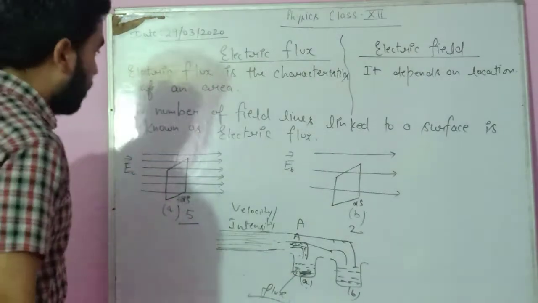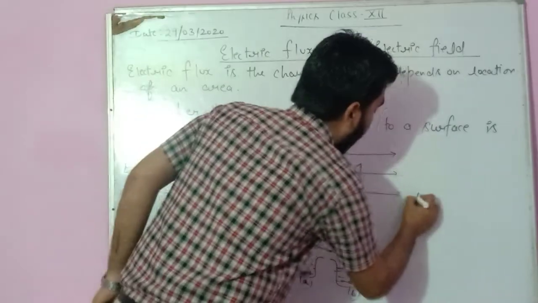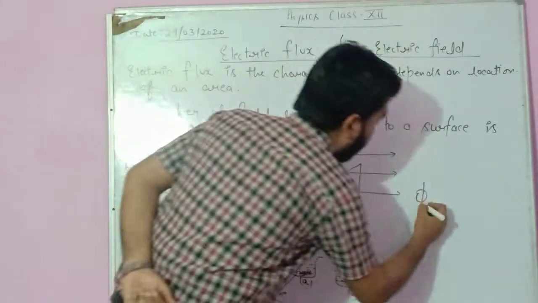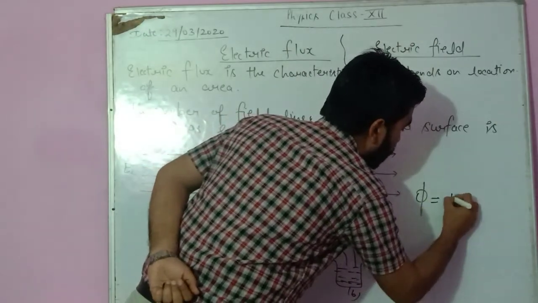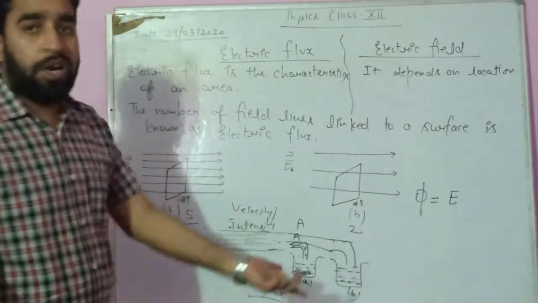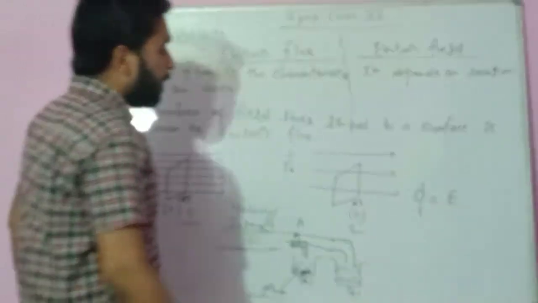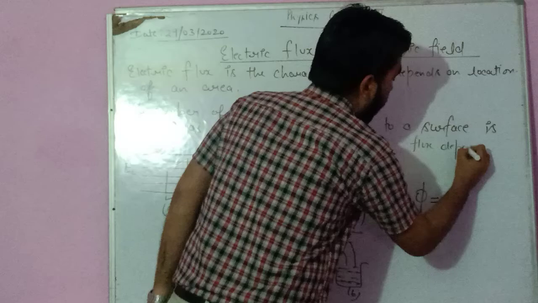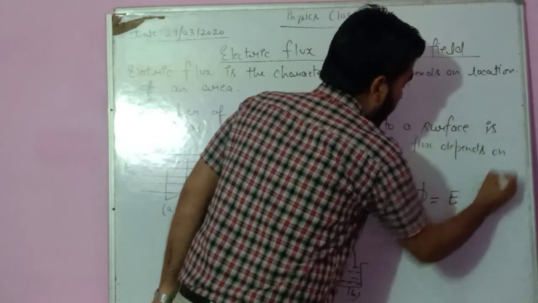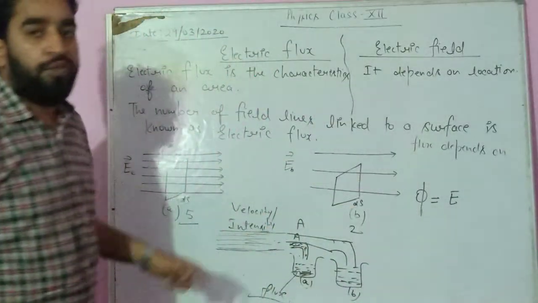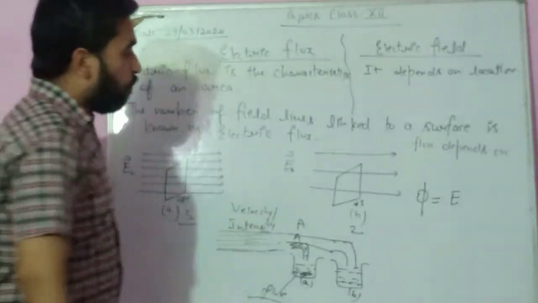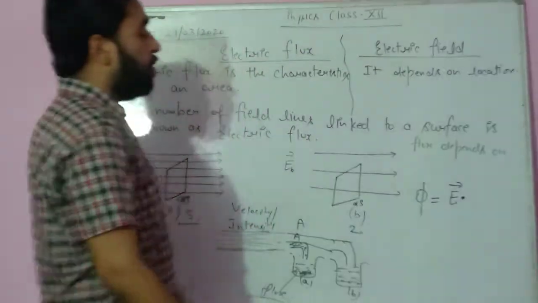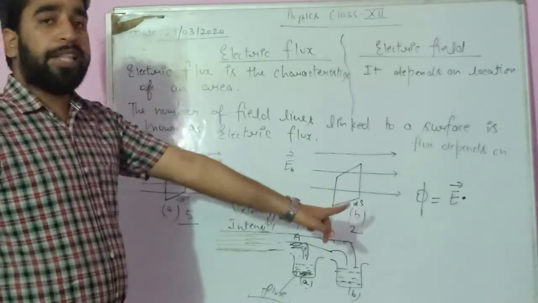What is flux? Flux is always denoted by phi, and phi depends on two things. I have already explained that flux depends on two factors: one is area and the other is the field intensity. So flux is the dot product of electric field and area.